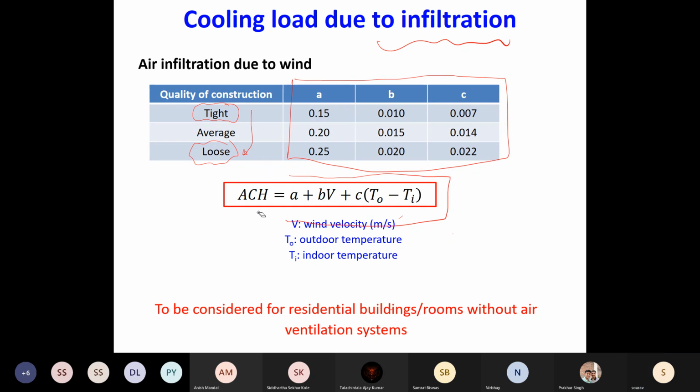So it is characterized on the basis of velocities and temperature differences. Whatever your blower velocity is, that is V over here. And then in natural conditions, if you have to predict the infiltration, V over here would be the wind speed.